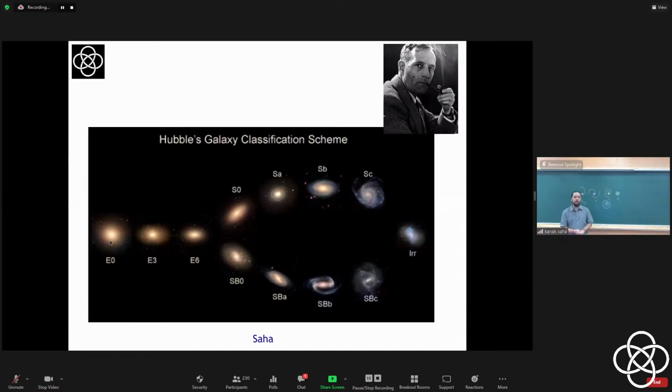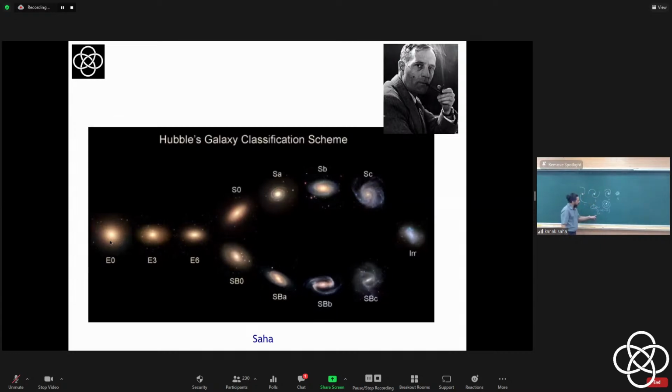And this 0, 1, 2, 3 means that imagine you take an elliptical galaxy in the sky, like an image, and then you can measure the semi-major axis A and semi-minor axis B in projection. Just like that in the sky. So you fit one ellipse at the outer boundary, and you can calculate En equal to 10 times (1 minus B by A). When B is equal to A, n is equal to 0. So this is basically called En.